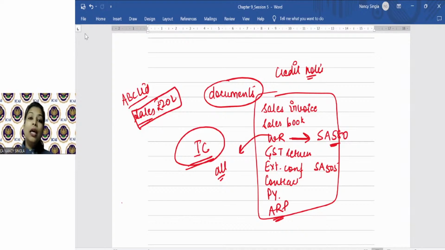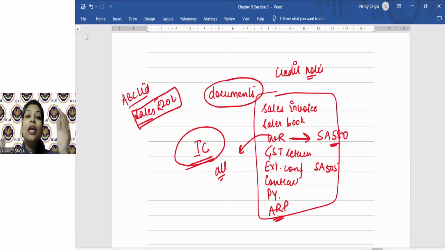Okay. Now students, tell me, the sales of any organization, ABC Limited, is going to have an impact on the profits, right? So the auditor must perform the audit procedures to ensure that the various assertions with respect to the sales figure are properly verified.